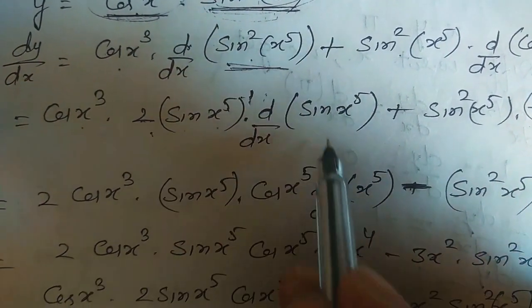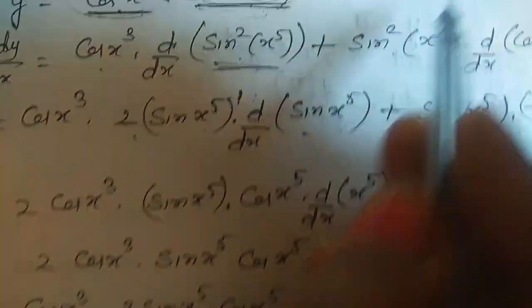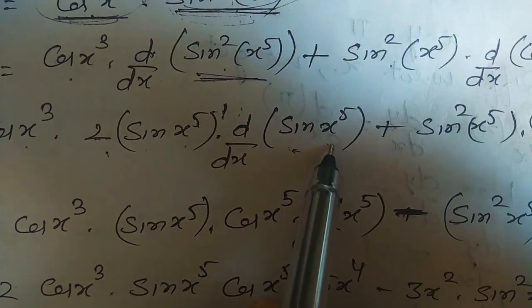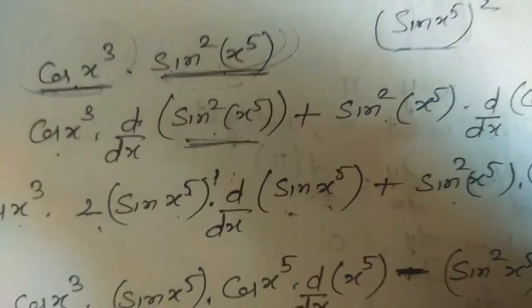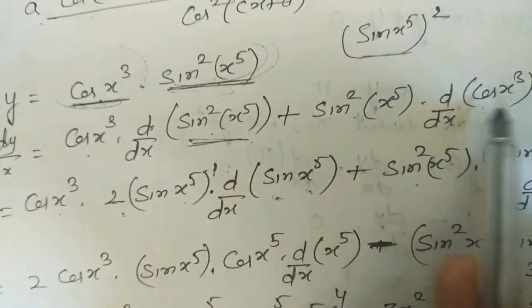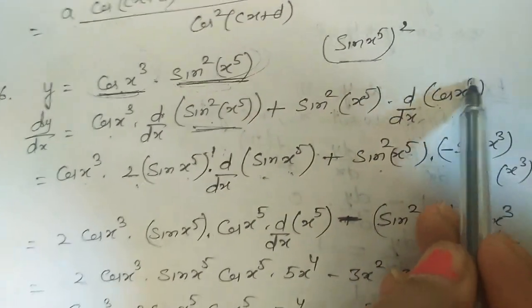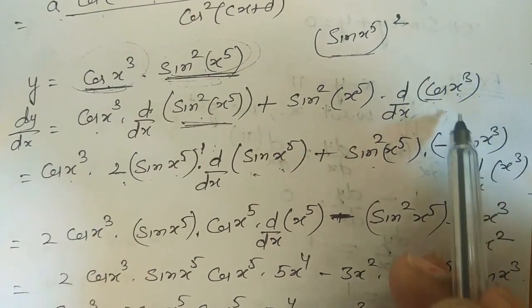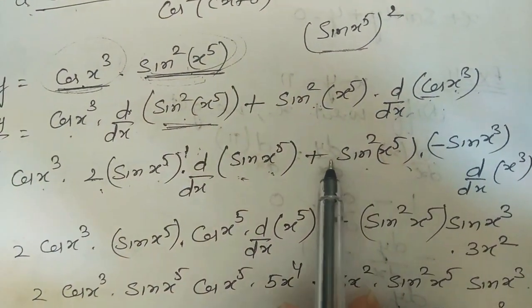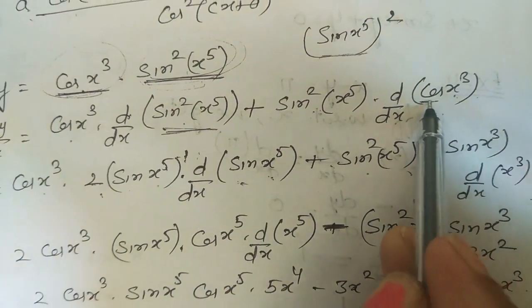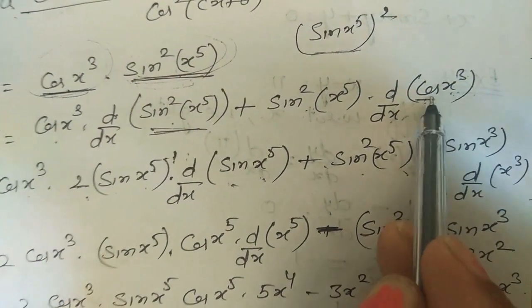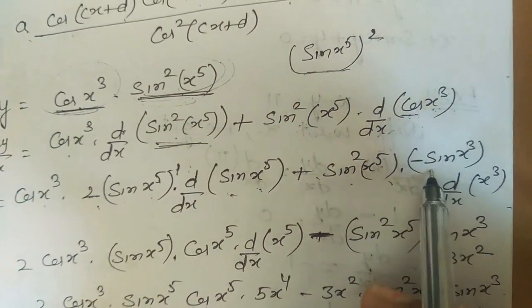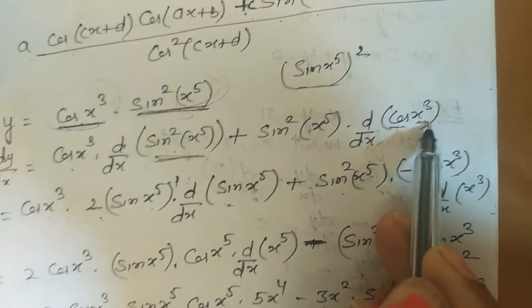And the derivative of sin x raised to power 5. The same one as it is, cos of x cube. Here it is the cube of x only. It is cos, not a whole power, so we will not take the power in front. What will we do? Cos of x cube here. Then what is the derivative of cos? Minus sin x cube and the derivative of x cube.